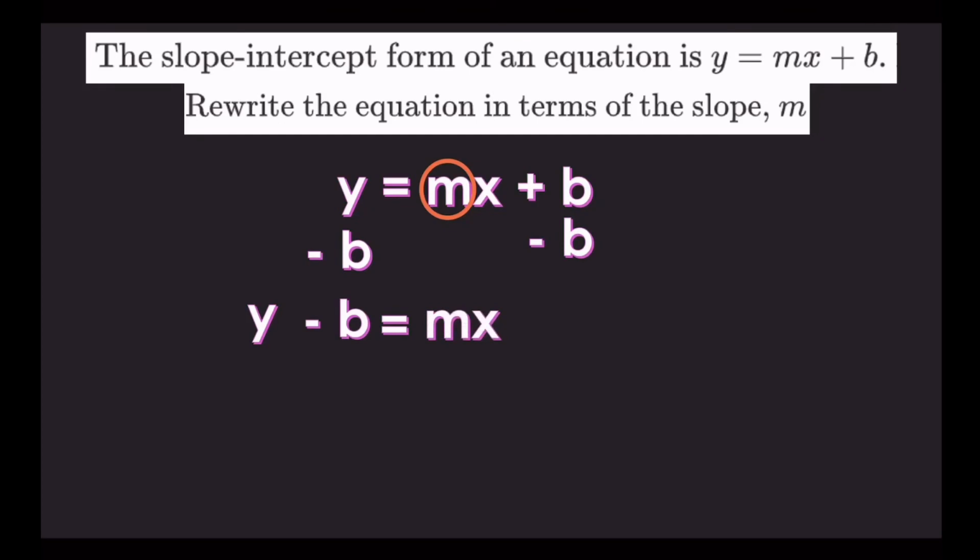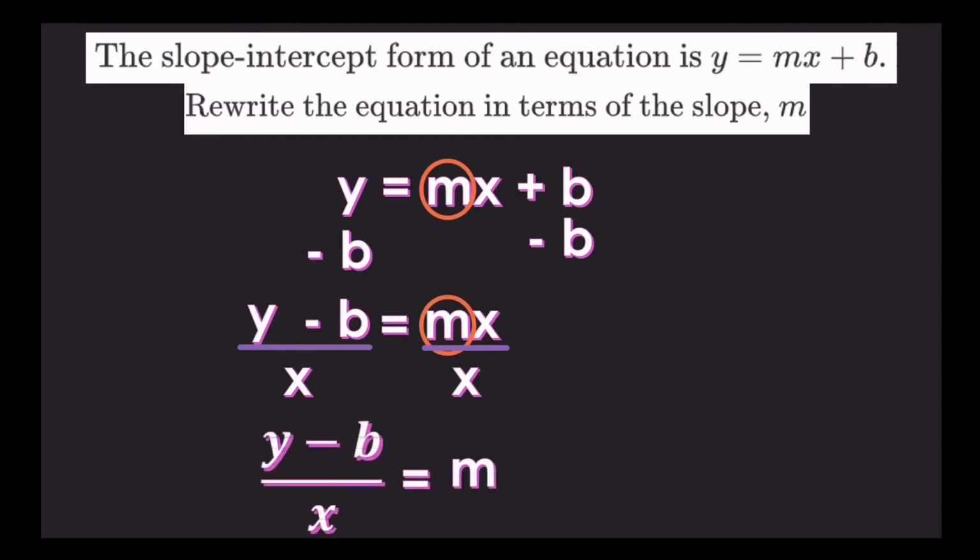So I need to isolate m by dividing both sides by x. So that leaves me with m equals y minus b over x. Now, a lot of you might be sitting here saying, why didn't we separate? You could have, but because nothing was a number, you can write it this way now. There's no simplifying that's possible.